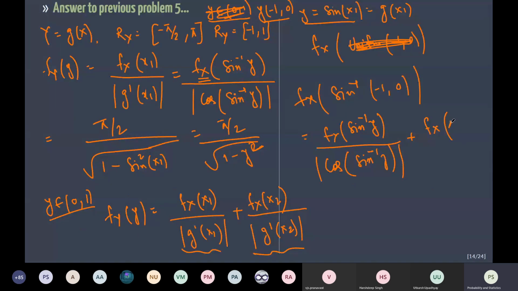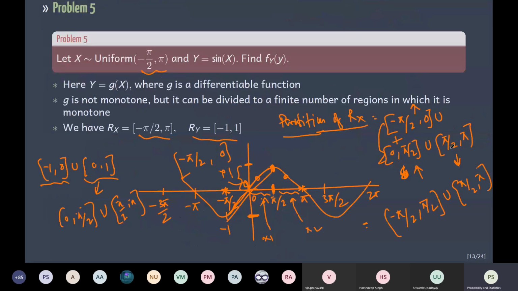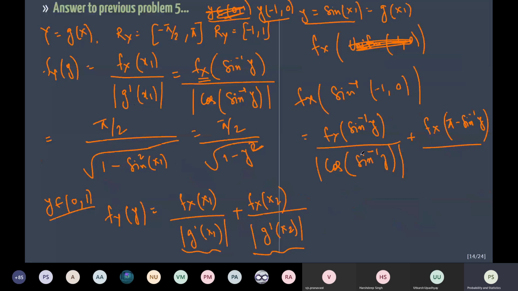And similarly here, it will be cos of pi minus sine inverse of y. So we have the two parts here.